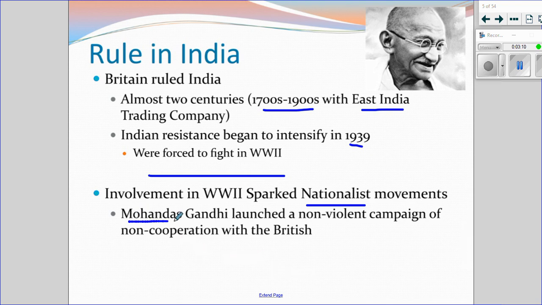And out of this emerged a leader named Mahatma Gandhi. Gandhi launched a non-violent campaign of non-cooperation with the British. So he is not going to use violence. He's going to use non-violent direct action, protests, sit-ins, hunger strikes, marches, to basically campaign for Indian independence.